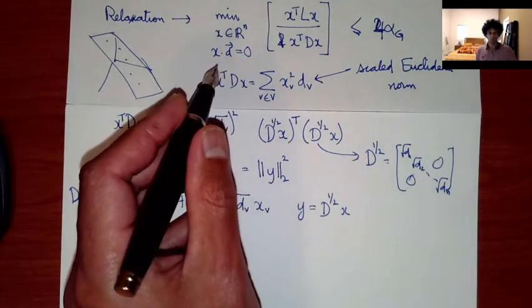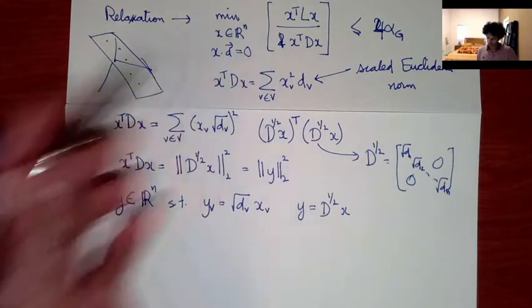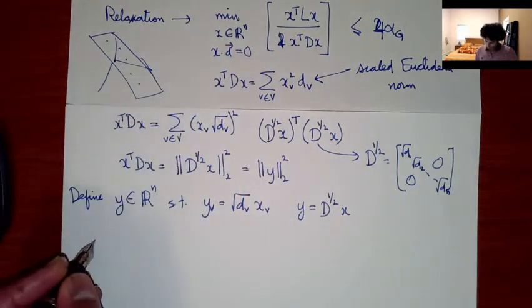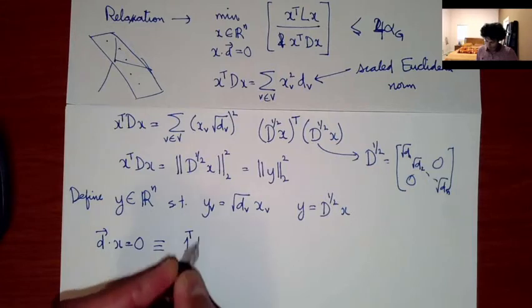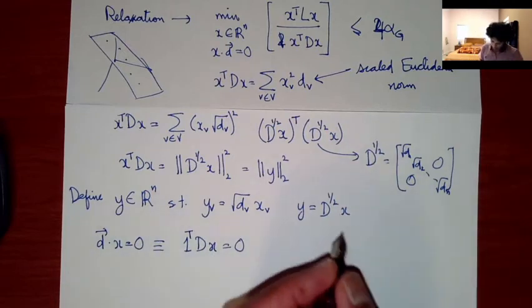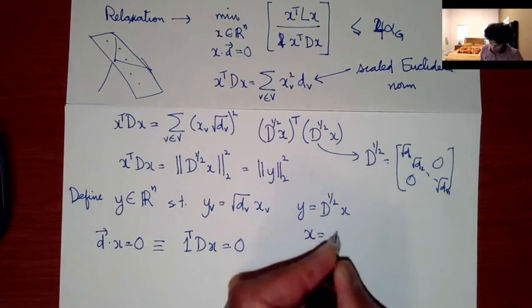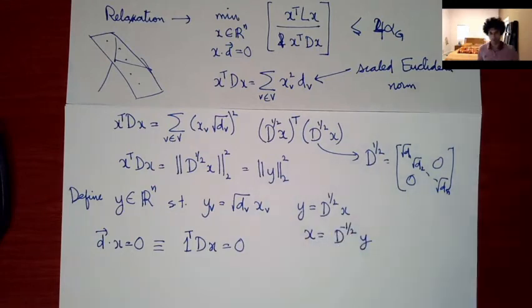Now let's look at what this condition means. We said dx is equal to 0, and this is equivalent to saying that 1 transpose times this is equal to 0, because 1 transpose times this is just the sum of all entries. And we can write x as d to the minus half of y.